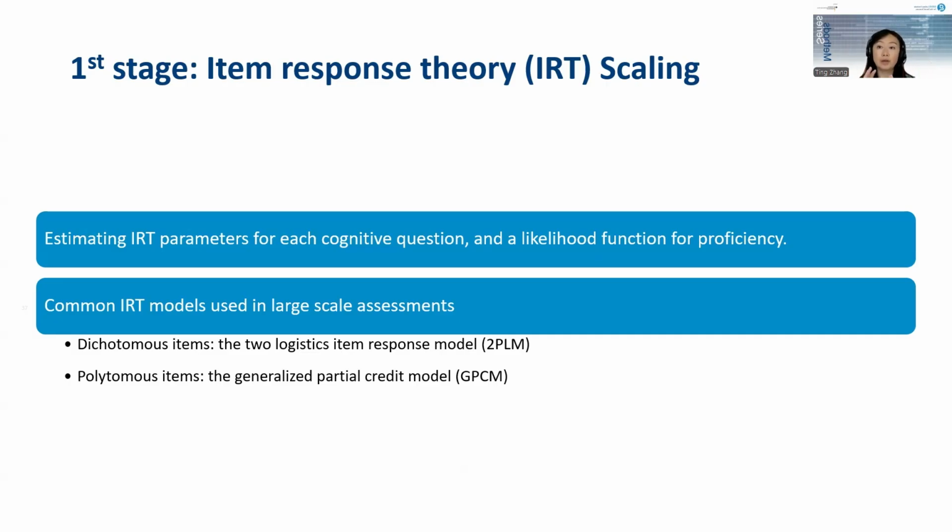However, for PIAAC, we cannot do that. Why? Because each respondent only took a small number of items, so there are many uncertainties associated with their scores. We need to do something to obtain more information to adjust the uncertainty about their proficiency.